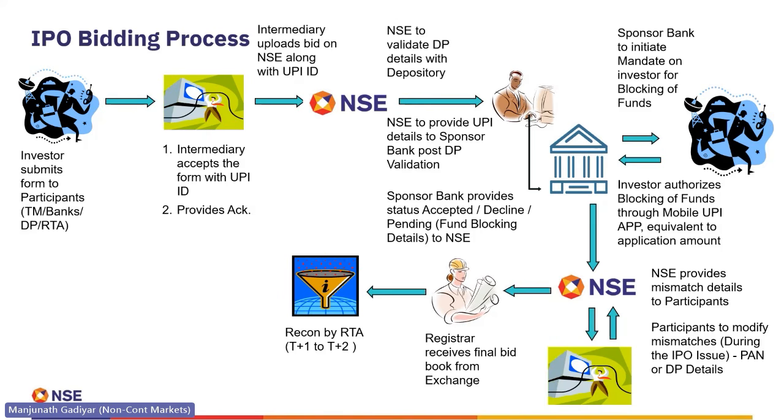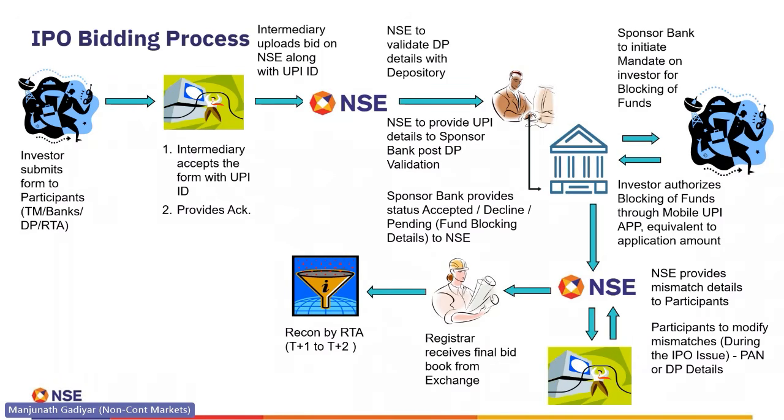Drawing of lots is nothing but providing the allotment details to the RTA, and the RTA on T plus 1 day informs all the banks and the members who has received the allotment. Typically this is done on T plus 2 end of day or maybe T plus 1 late evening.